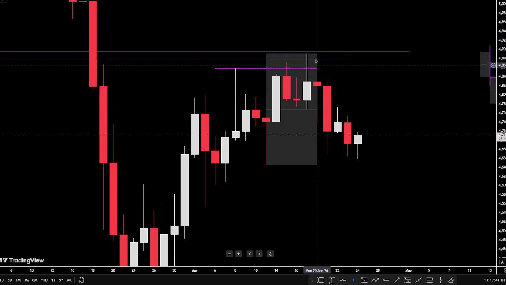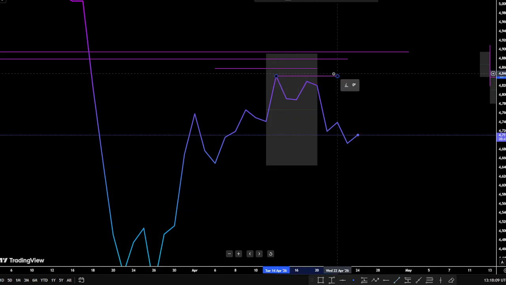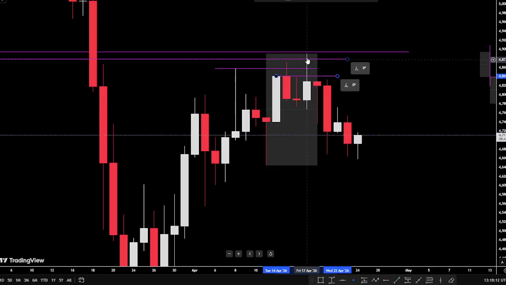Okay, so this happened on Friday and then this was Monday. So on Friday, we observed that the Friday candle closed rejecting that key level on the daily, right? And not just that, this candle also swept the high of Wednesday's candle and closed below it. And so we also take note of the fact that we have an A-shaped key level here where the price is also acting from, right?